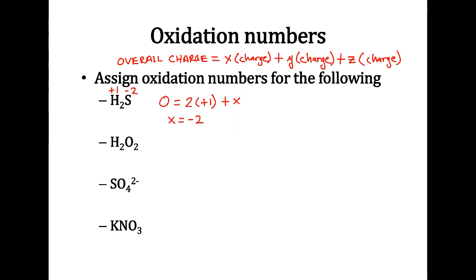Okay? So now let's go ahead and look at another one, H2O2. So again, we would rank hydrogen higher in our hierarchy than oxygen. So hydrogen has a +1 oxidation number.